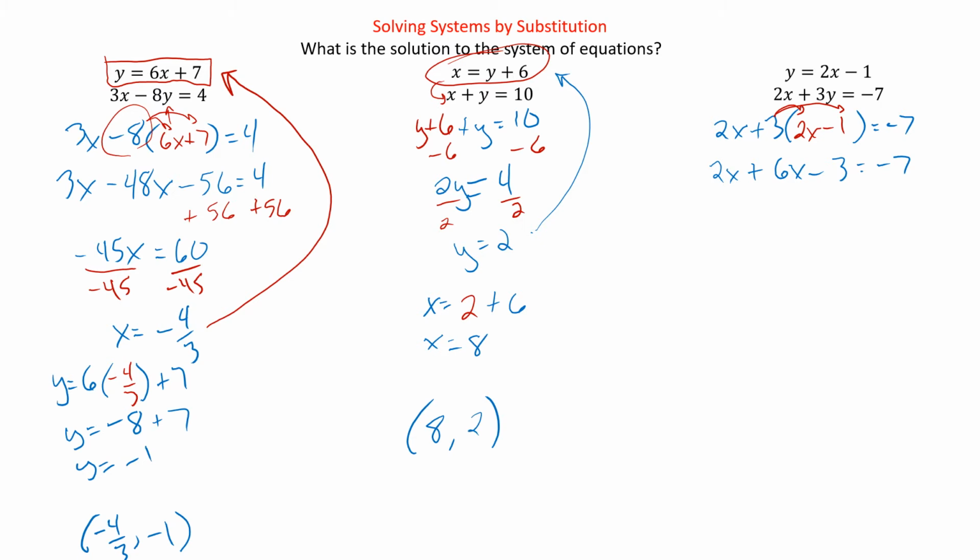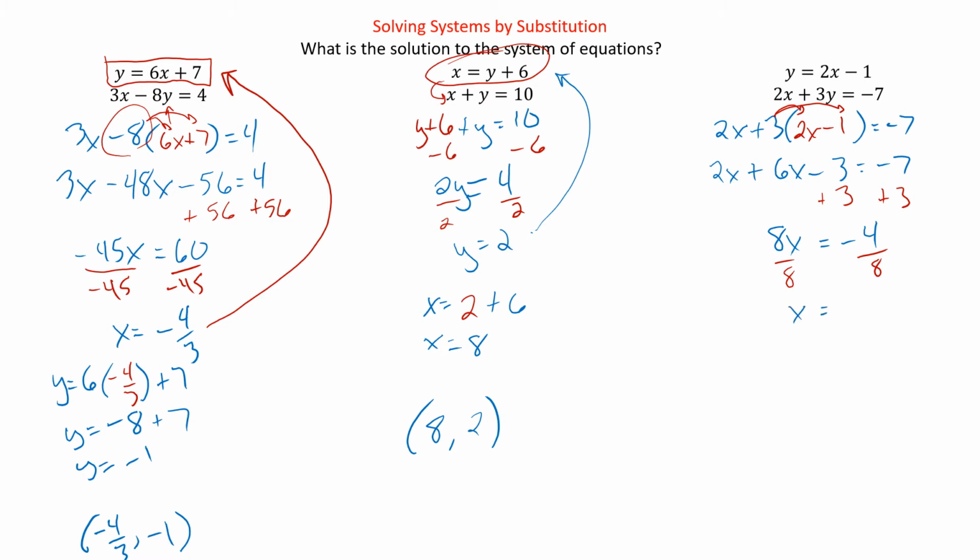We can move all the non-x's to the other side and combine our like terms. So 2x plus 6x is 8x equals -7 plus 3 is -4. Divide by 8. Divide by 8.